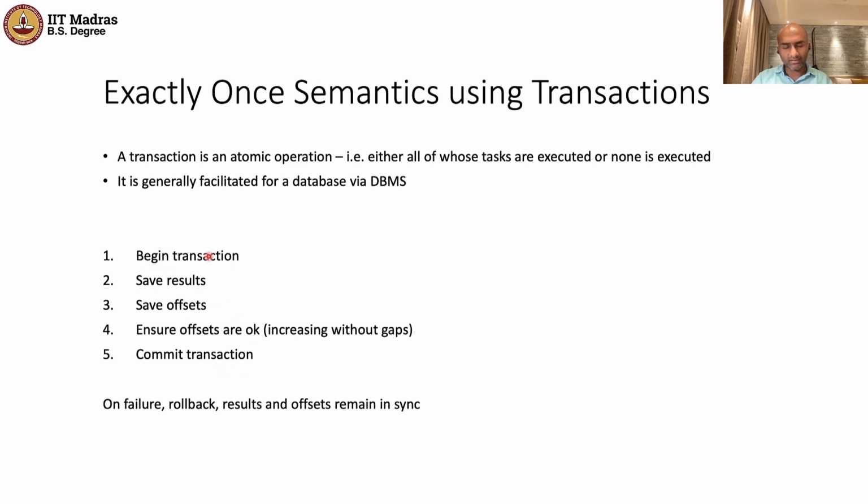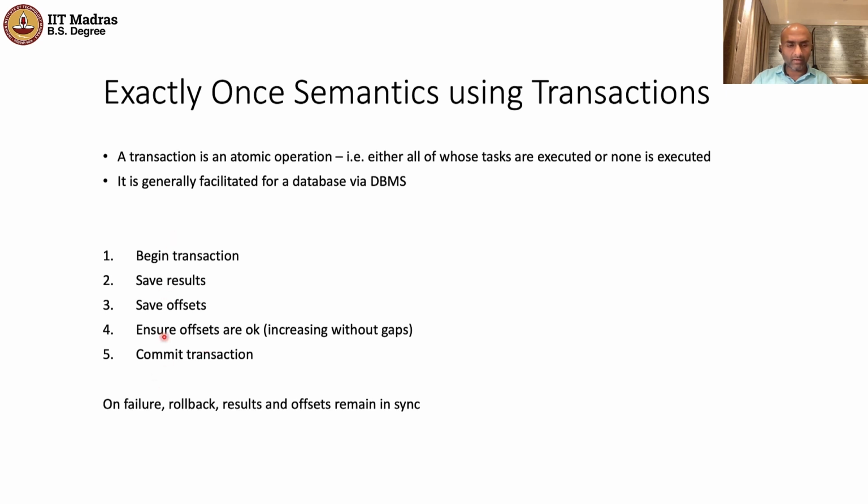So you begin a transaction, you save the results which are necessary, like for instance the output of whatever you want to do as a result of data processing. Then the offsets are saved, right? You also have to make sure that the offsets continue from where you left off, which means they are monotonically increasing without gaps, and then you commit the transaction.